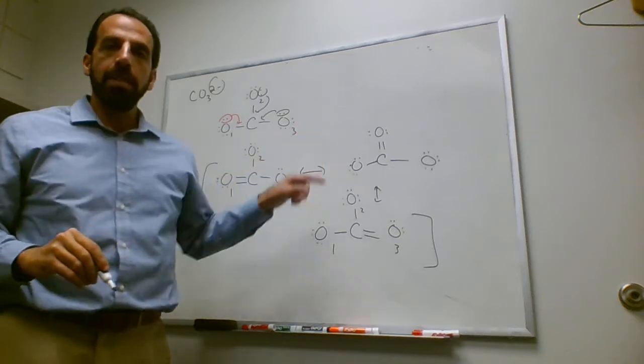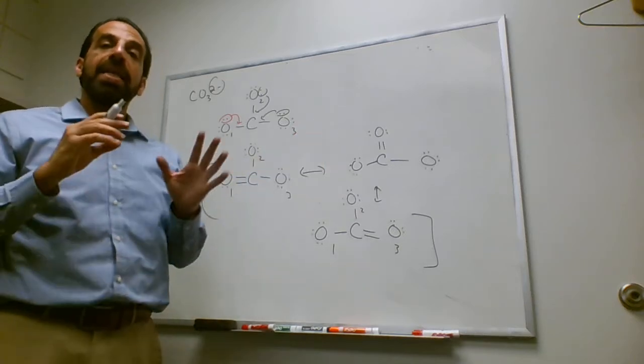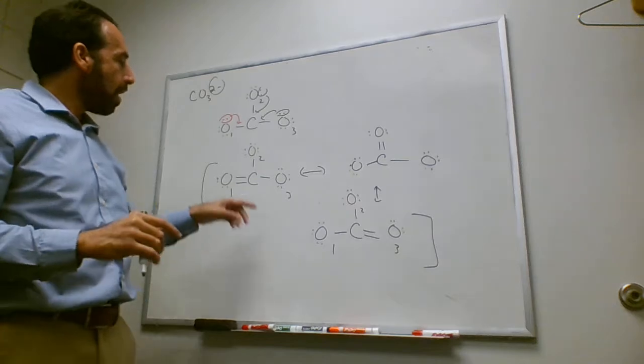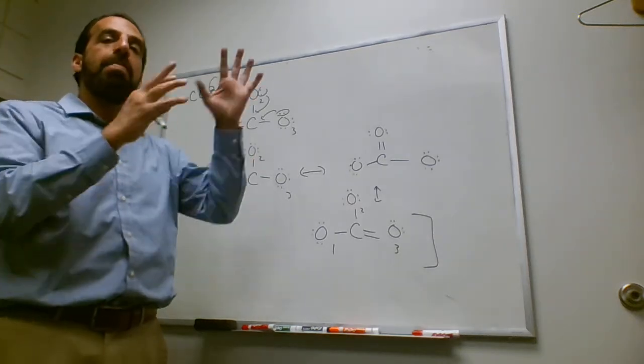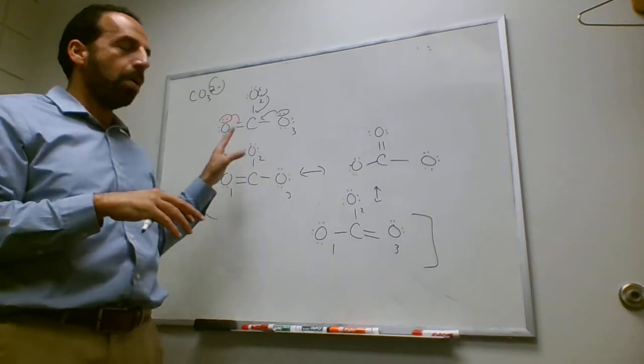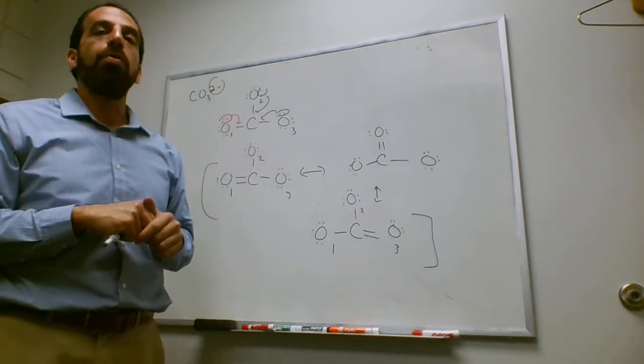So I have 3 possible resonance structures for this. Now, in reality, you're not going to have a double bond on one and 2 single bonds on the other 2. It's a combination of all 3 of them. So basically like 1 1/3 bonds throughout.